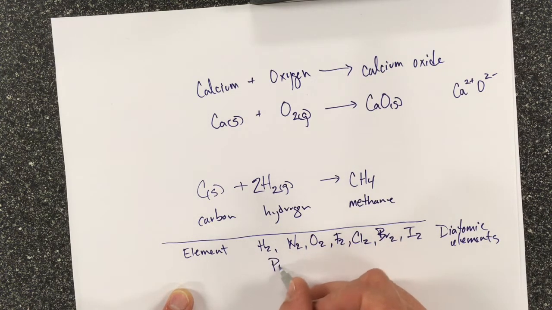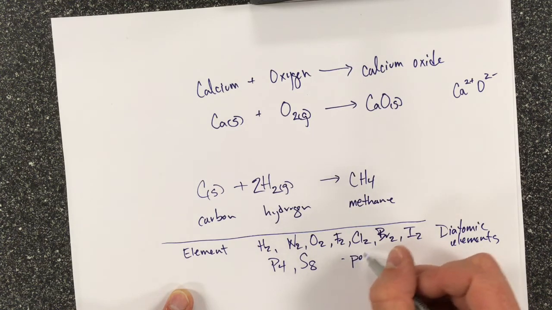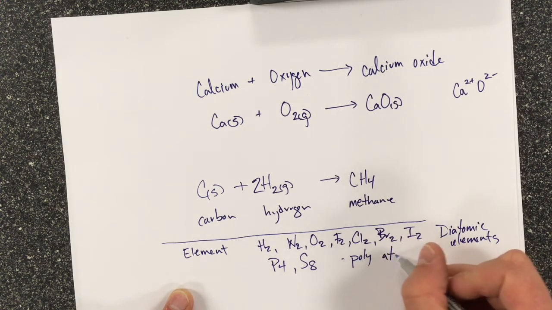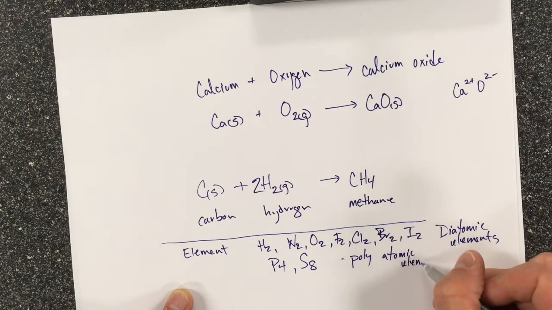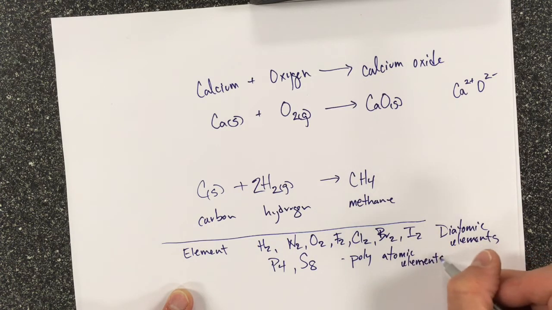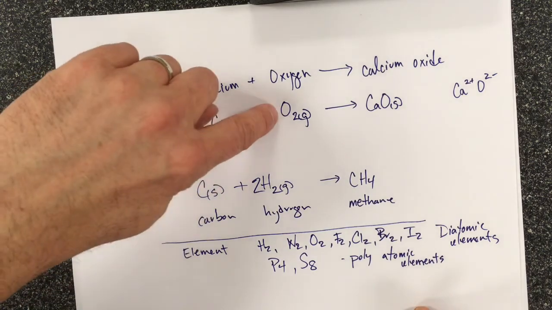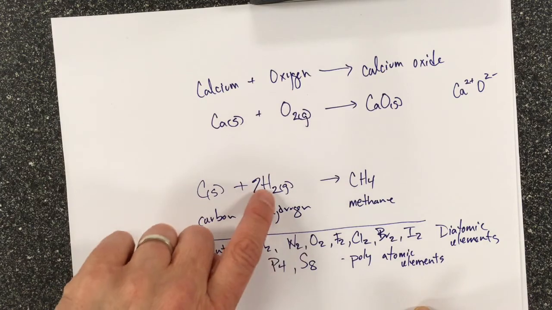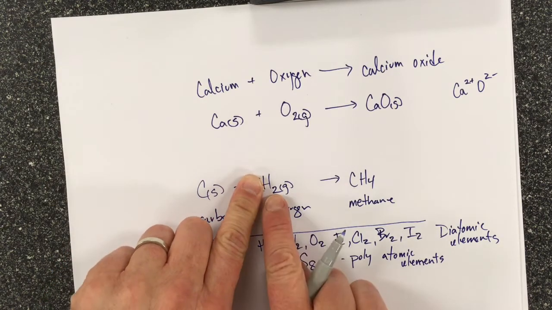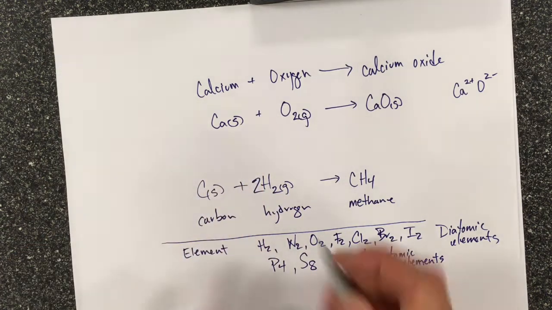And then P4 and S8. And these are the polyatomic elements. All other elements are monoatomic. And so you see here, when oxygen was by itself, the pure element, it has to be diatomic. Hydrogen here is diatomic.